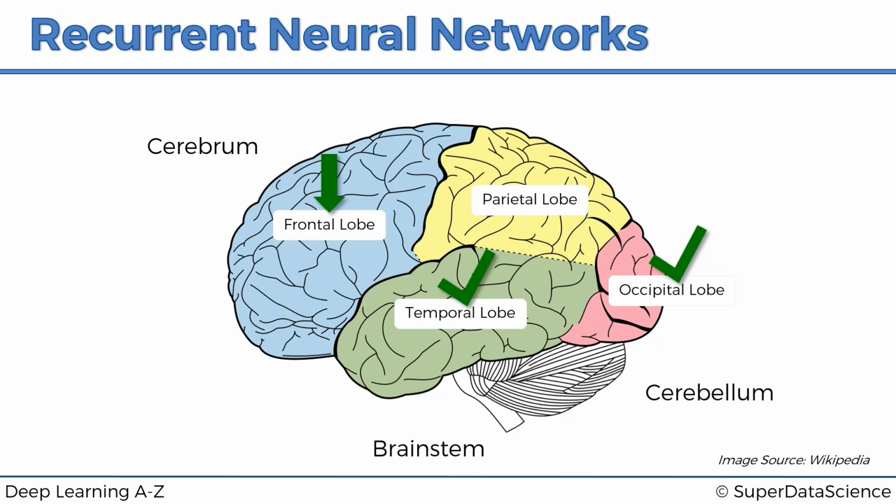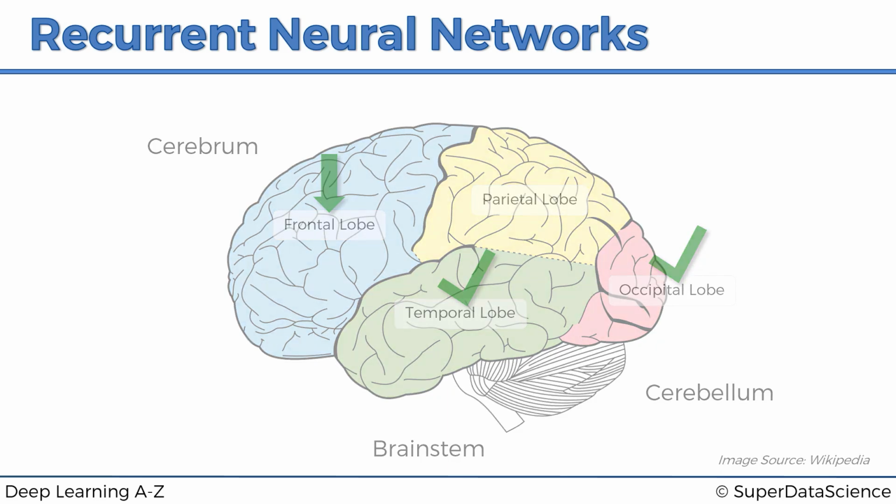That's our long-term memory. The parietal lobe, these are from Wikipedia, is responsible for sensation and perception and constructing a spatial coordination system to represent the world around us. And we are yet to create a neural network which would fit into that category. And occipital is vision. All right, so there we go, a bit of neuroscience.